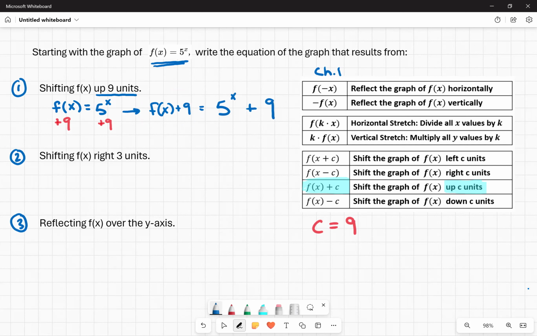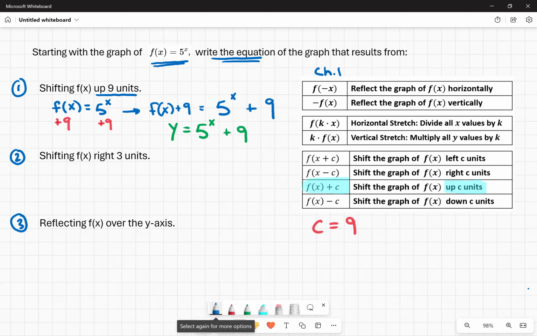I'm going to use y because the directions say write the equation, and anytime we're talking about an equation, that's y equals. So I'll use green for my final answer. Let's say y is equal to 5 to the x plus 9. And that's it. Applying something we've done previously to a type of function that we haven't used transformations on just yet.